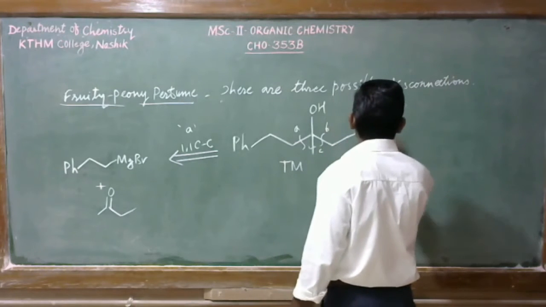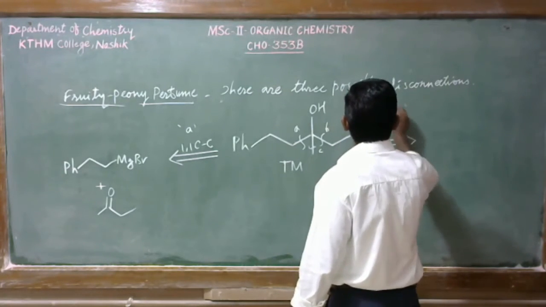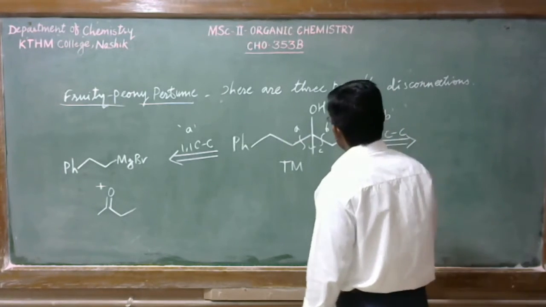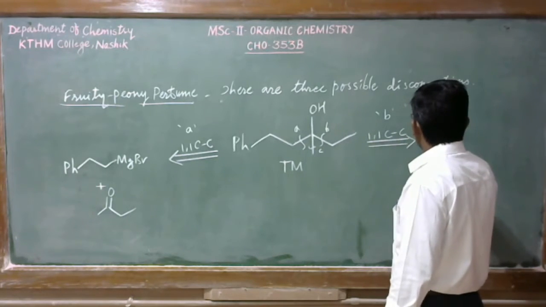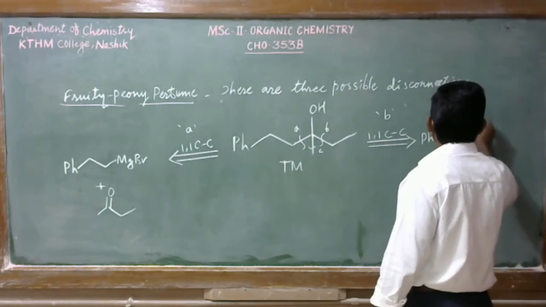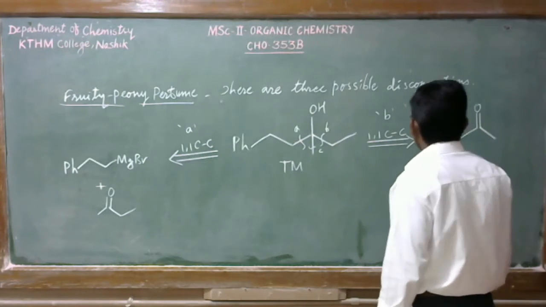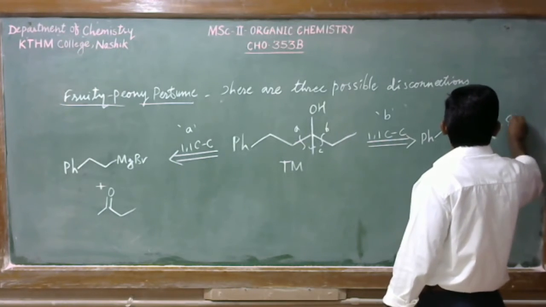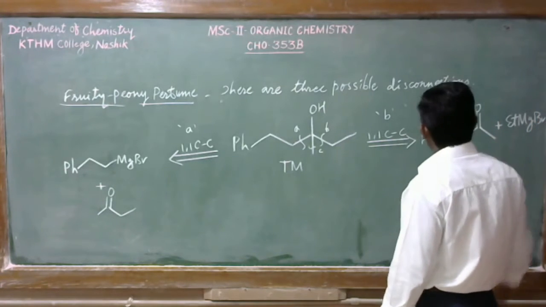Then we have this B cleavage. Let's say B, 1,1 carbon-carbon disconnection. So we could get this ketone plus ethyl magnesium bromide, Grignard reagent.